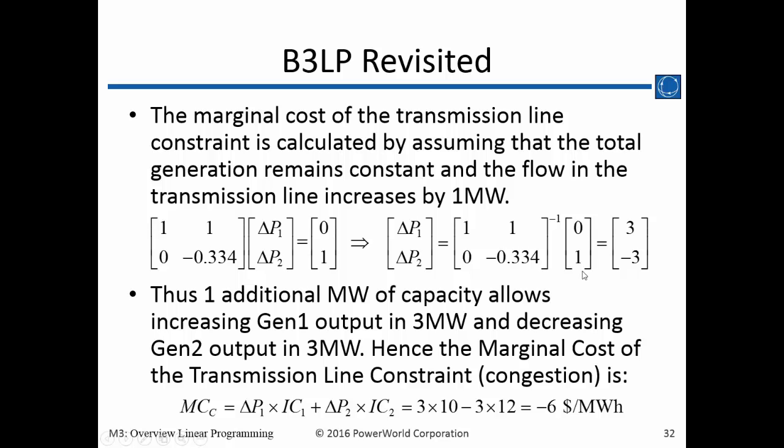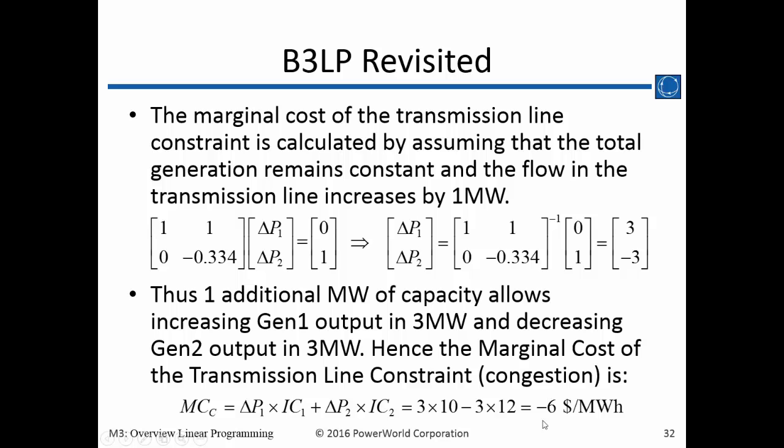For the transmission line constraint, it uses the sensitivities, and it solves for the delta P1, delta P2. And as we saw earlier, if we increase the flow on the line by 1 megawatt, but hold the power balance constant, so this is the power balance up here of 0, and we increase the line flow by 1, and then we solve for the delta P1 and delta P2, we get generator 1 goes up by 3 and generator 2 goes down by 1, so it saves $6.